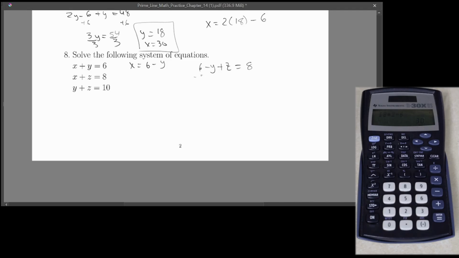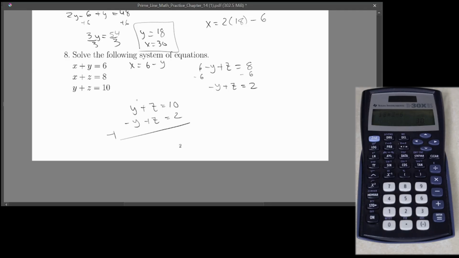And we'll subtract 6 from both sides, so negative y plus z equals a positive 2.